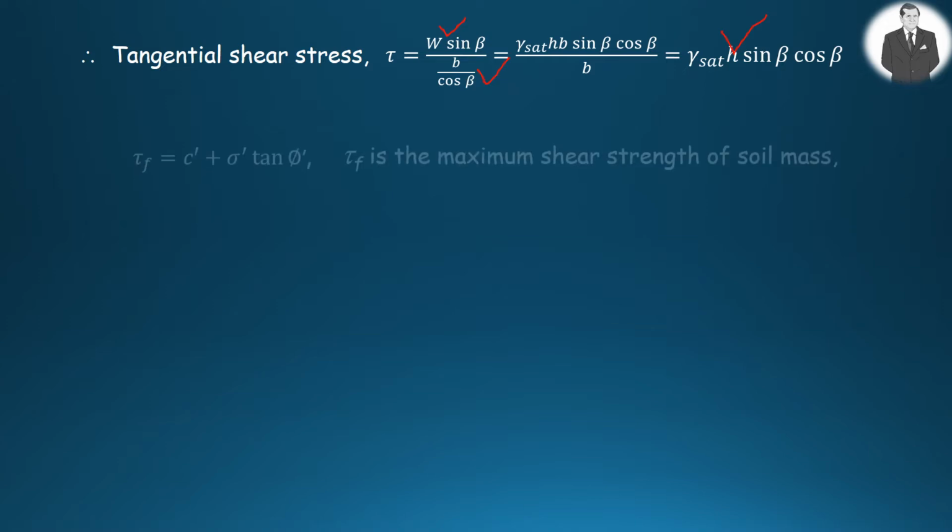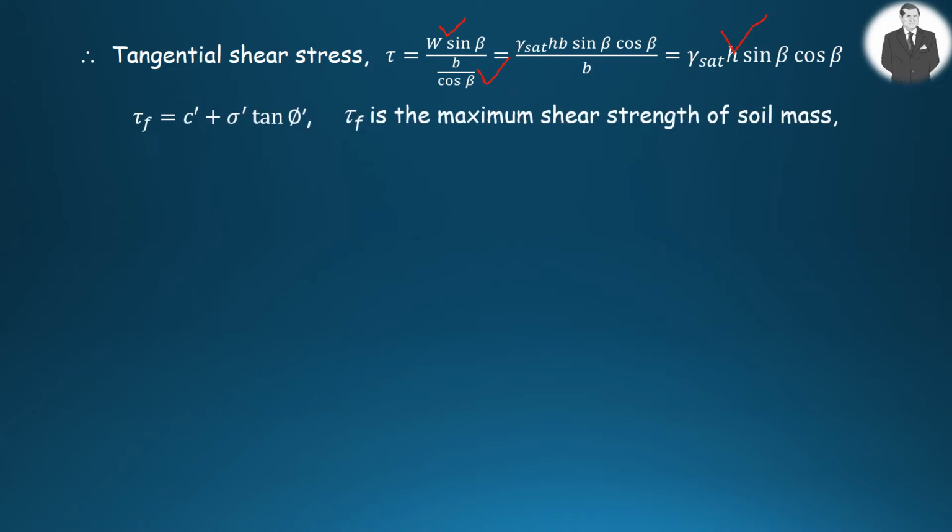If we remember that the maximum shear strength of soil is equal to c prime plus sigma prime times tangent phi prime, then we can simply define the factor of safety as a ratio between the maximum shear strength and the shear stress mobilized along the failure surface.